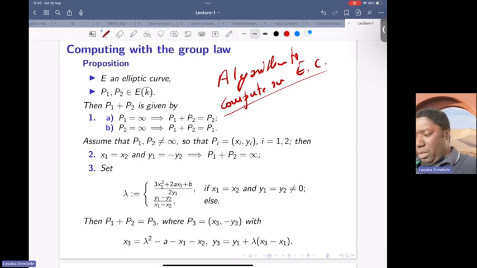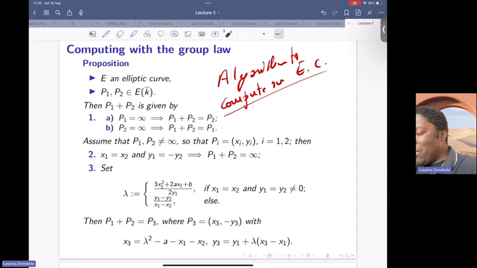So if you start with an elliptic curve and you give yourself 2 points on that elliptic curve, there are basically 3 cases to consider. The first case is if one of those points is the neutral element, i.e. the point at infinity, then you know that adding an element to the neutral element, you will recover the element that you started with. So that's the content of these 2 items.